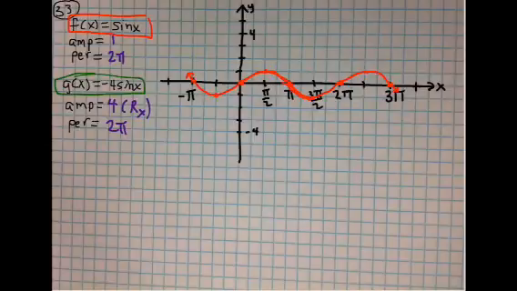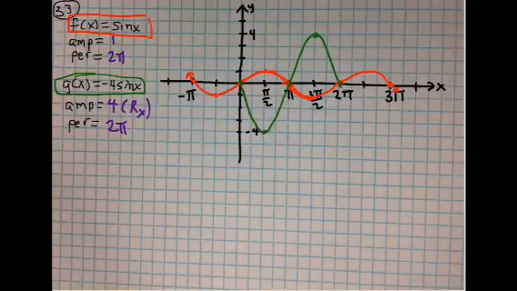For g of x, the zeros are at the beginning, middle, and end. The maximum is 1/4 of the way, but then it has a reflection, so instead of being up at positive 4, it's going to go down to negative 4. And then the minimum is 3/4 of the way, which would be 3 pi over 2, but again the reflection moves it from negative 4 to positive 4. So we have this curve right here. Here's 1 full period.